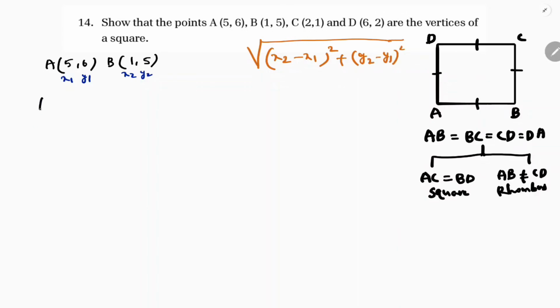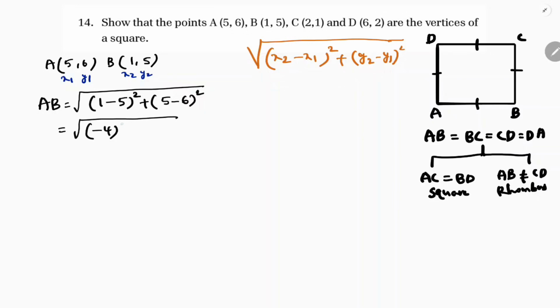Now if you observe here, AB is under root (1 minus 5) whole square plus (5 minus 6) whole square. 1 minus 5 is minus 4, squared is 16. 5 minus 6 is minus 1, squared is 1. So AB is root 17 units.